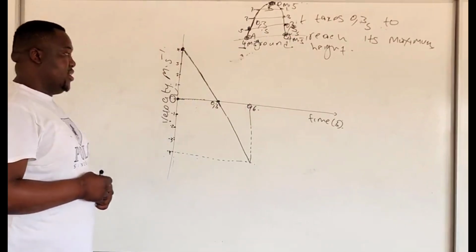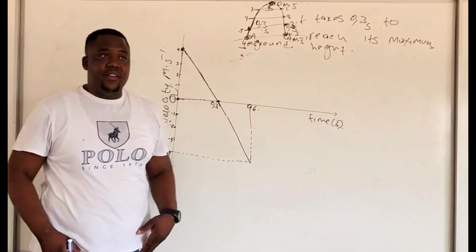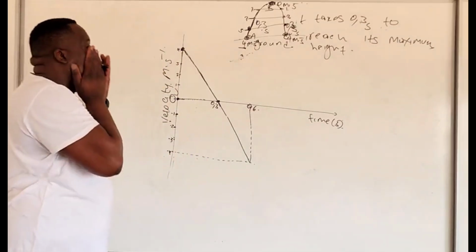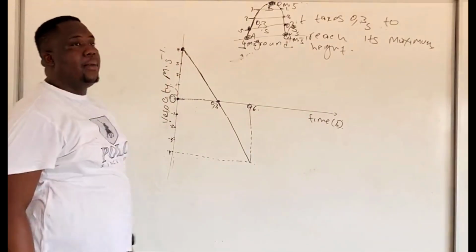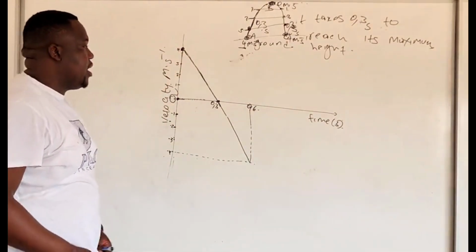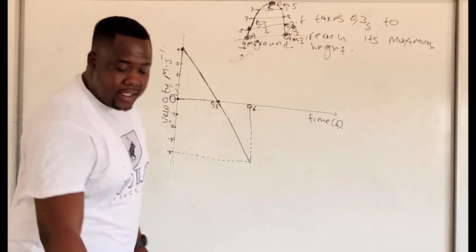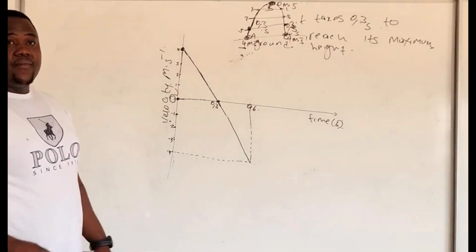So this is the velocity-time graph of an object that is moving up and comes back to its original position. I hope you understood what I just did.